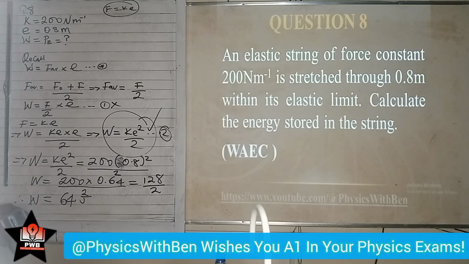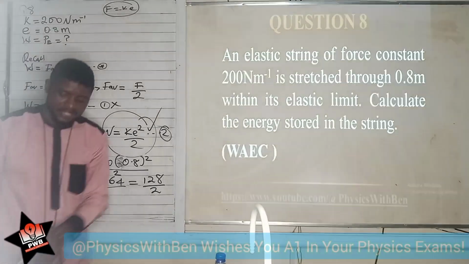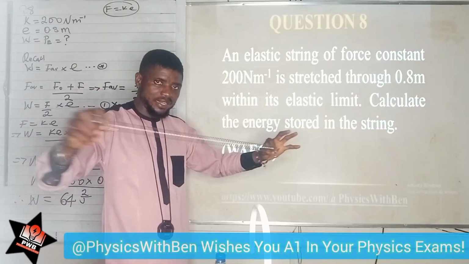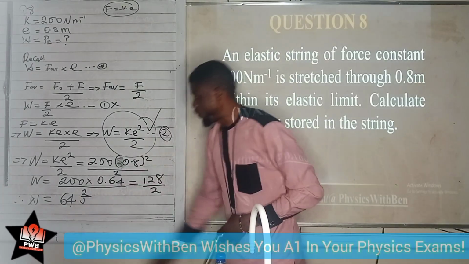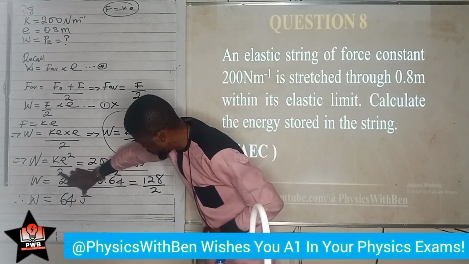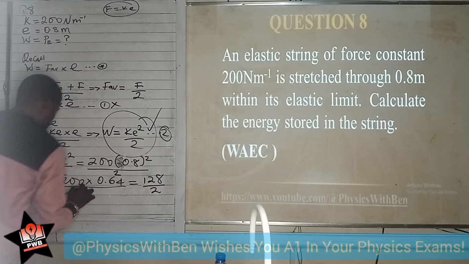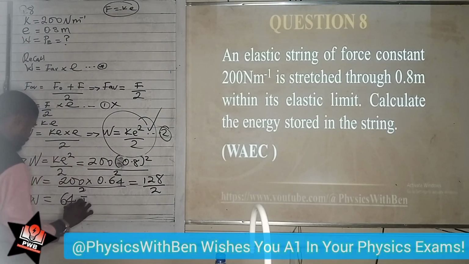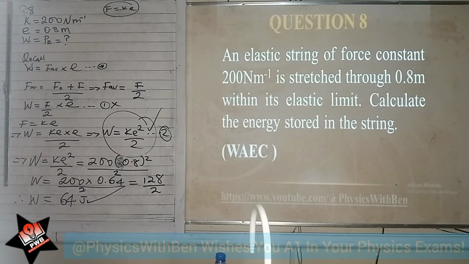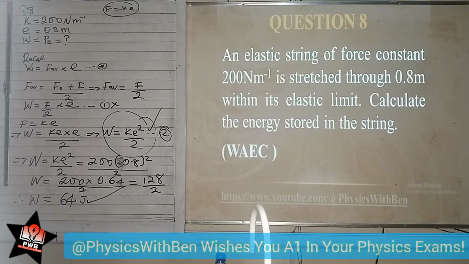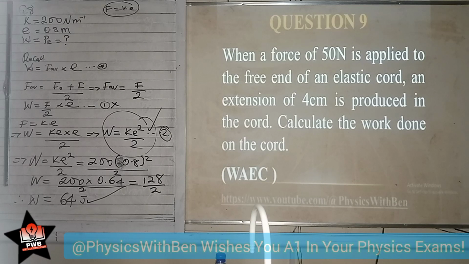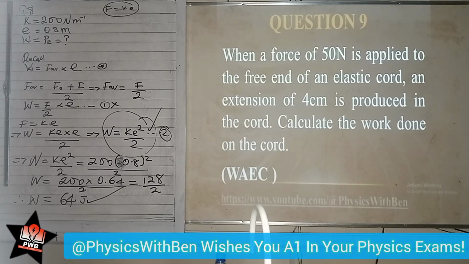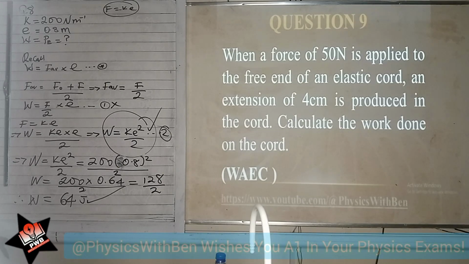Therefore, the work done in stretching that string or spring is 64 joules. As simple as A, B, C. Let's look at the next question. Are we good? Yes, we are good.